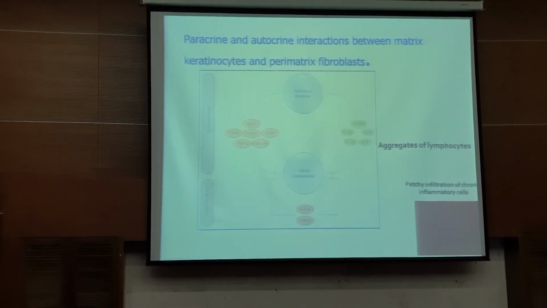So when there is an interaction between these two, the matrix keratinocytes produce a lot of cytokines, and it is like a circle, and this causes a lot of tumor necrosis factor, and it behaves like a malignancy in terms of causing a disruption. So you can see a lot of interaction between the perimatrix and matrix.